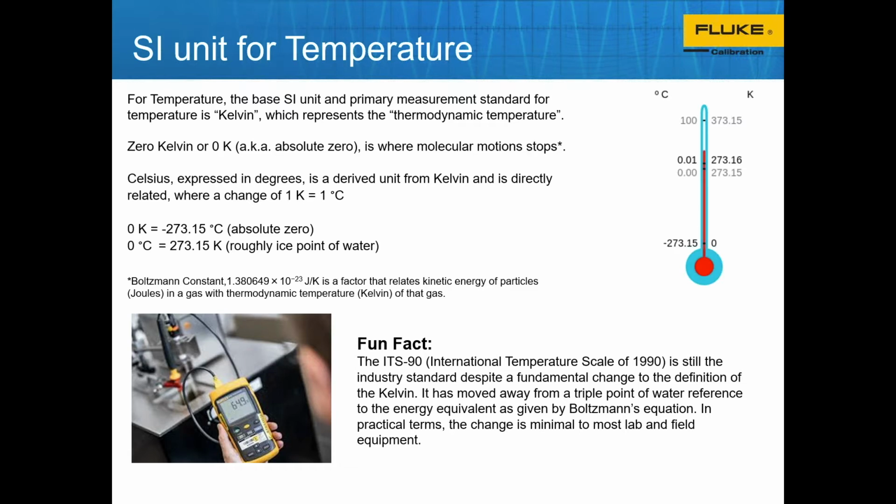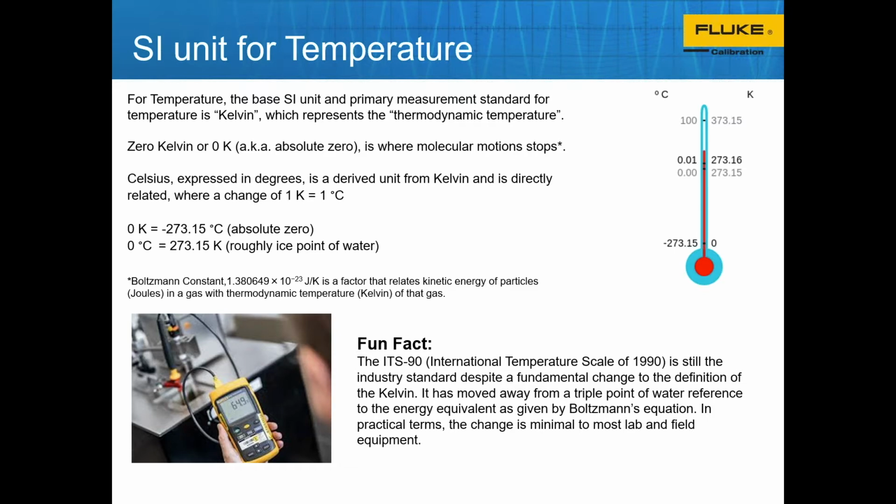Degrees Fahrenheit is a different scale, but they're all primarily referenced back to the Kelvin. Kelvin starts at 0 Kelvin, which is considered absolute zero. You can't have a negative Kelvin value. And absolute zero in centigrade is minus 273.15 degrees Celsius.